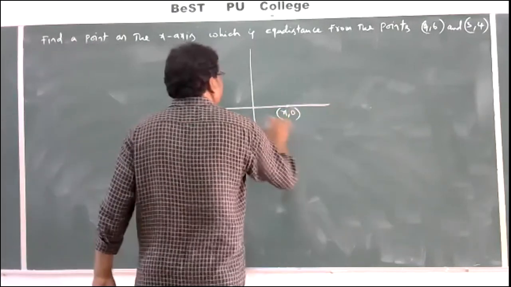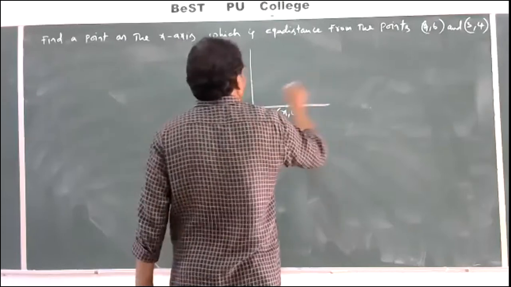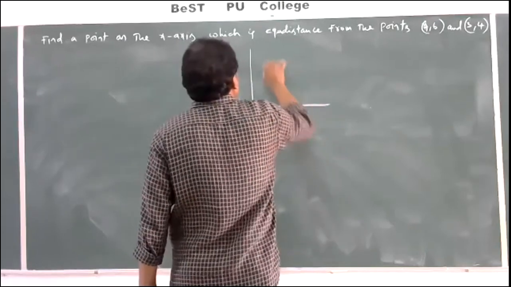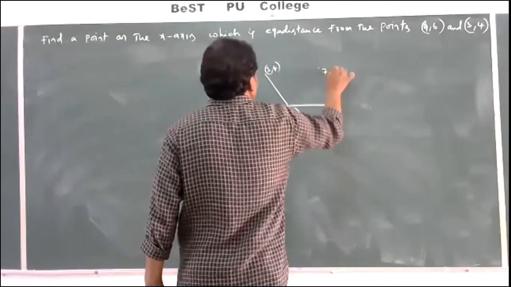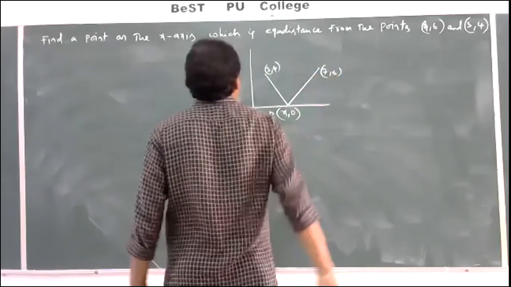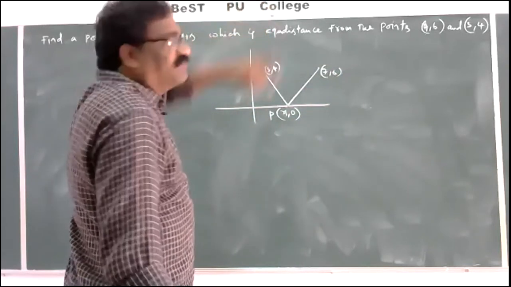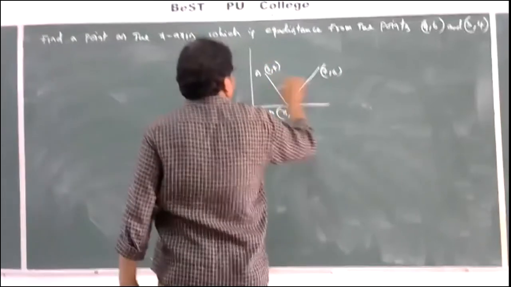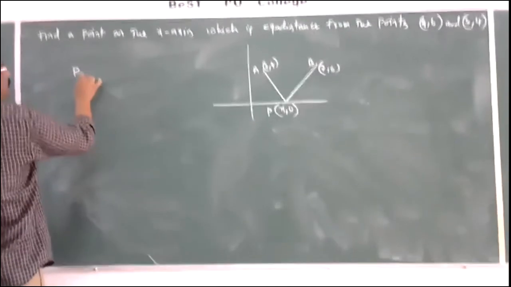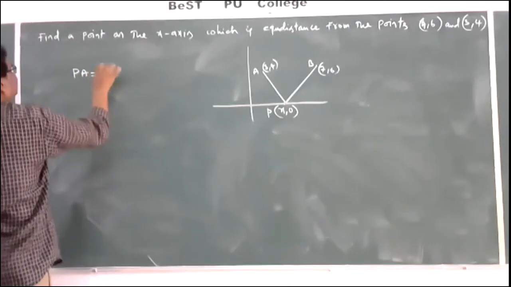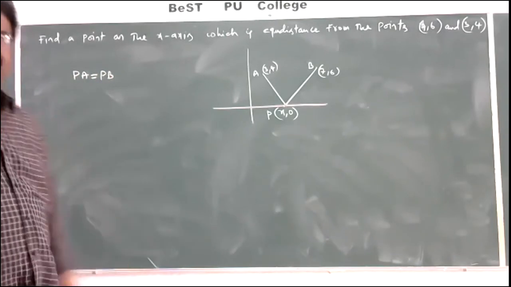For example, consider this is the point P. The points given are 3, 4 and 7, 6. For example, this is A and this is B. So the given geometrical concept is PA is equal to PB, just like a locus concept.